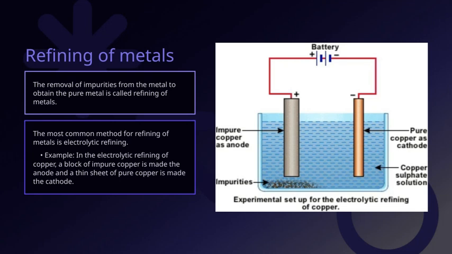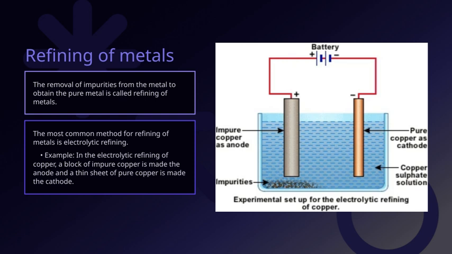Let's look at an example to understand this better. In the electrolytic refining of copper, for instance, a block of impure copper is used as the anode, while a thin sheet of pure copper acts as the cathode. When an electric current passes through, impurities are removed from the impure copper, and pure copper is deposited onto the cathode. This process is actually the most common method used for refining metals.